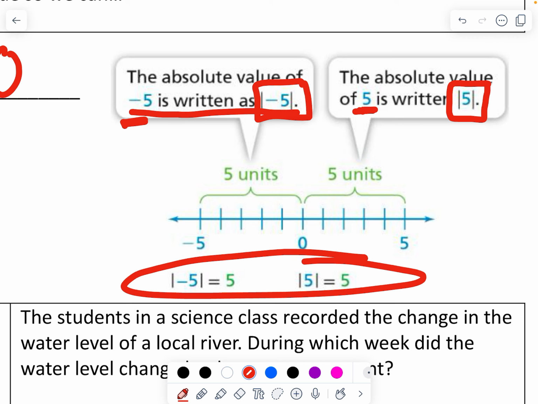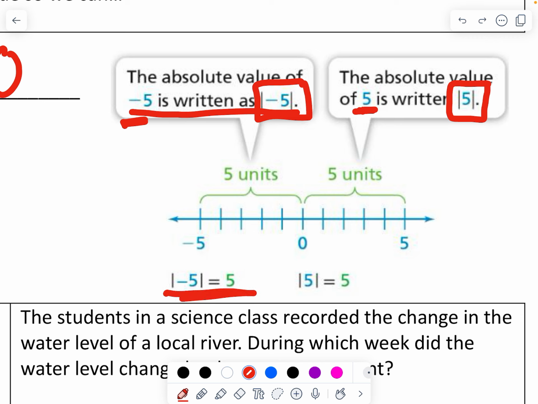Okay? So I want you to keep in mind these examples. A lot of students get this mixed up and they say it means the opposite, but that's not true because the absolute value of +5 is +5. It's not a negative. So when you see those lines, I want you to automatically think positive number. Okay?